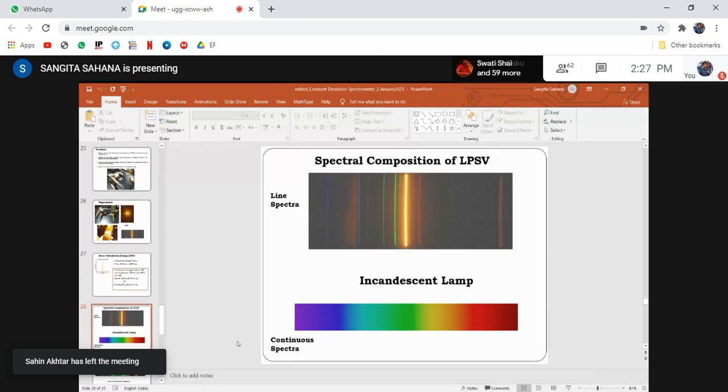With the constant deviation spectrometer, it is not possible for us to get the value of the associated power, but we can see the presence of wavelengths and which portion is bright. For example, in this low pressure sodium vapor lamp, the brightest line is yellow. That's why the appearance is bright. But we are not able to measure the power.